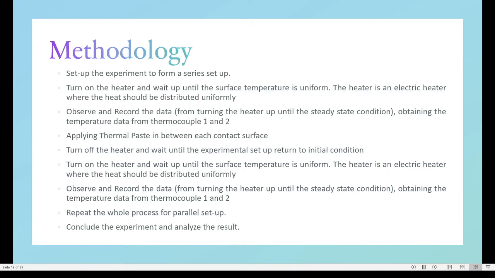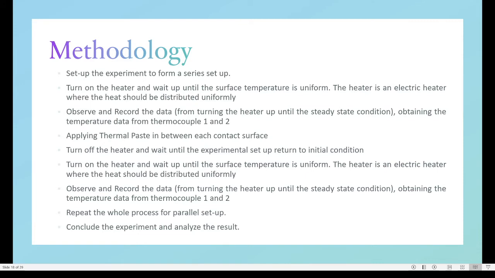The next step is to turn off the heater and wait until the experimental setup returns to the initial condition. After that, rearrange the setup, turn on the heater, and wait until the surface temperature is uniform. The heater is again an electric heater where the heat should be distributed uniformly.